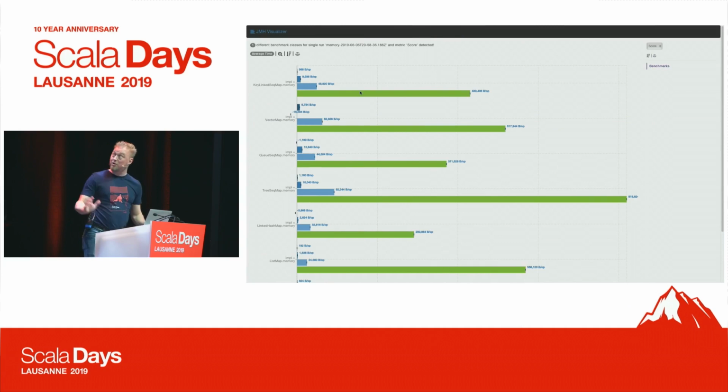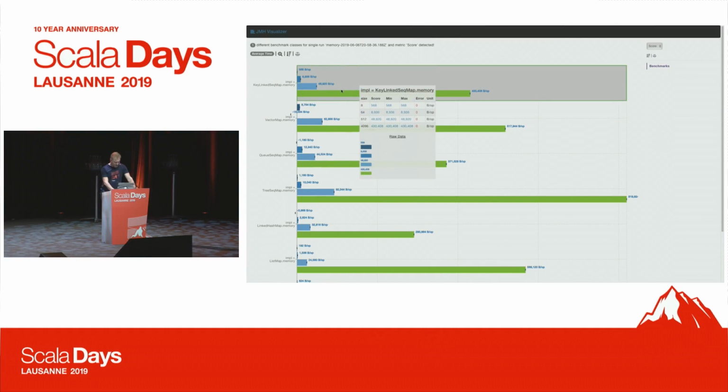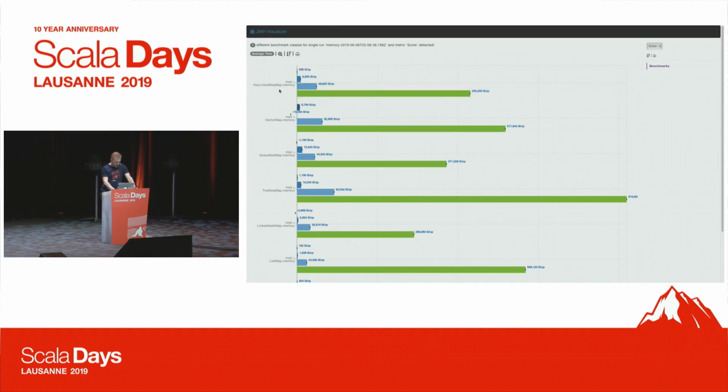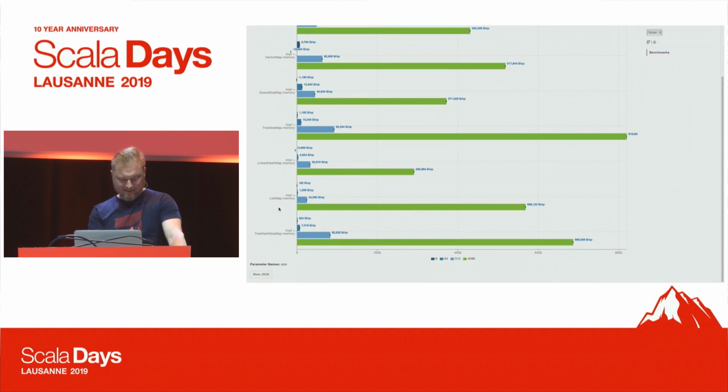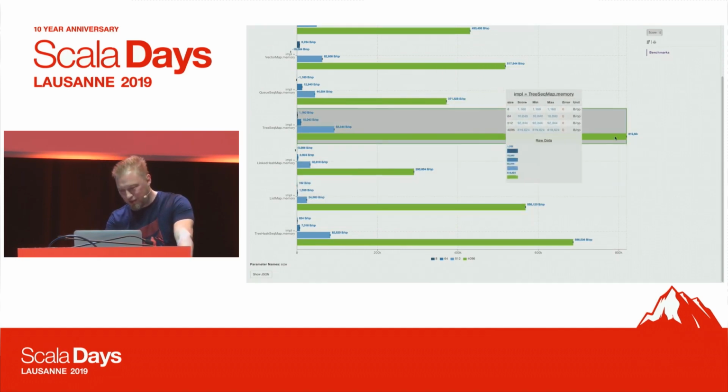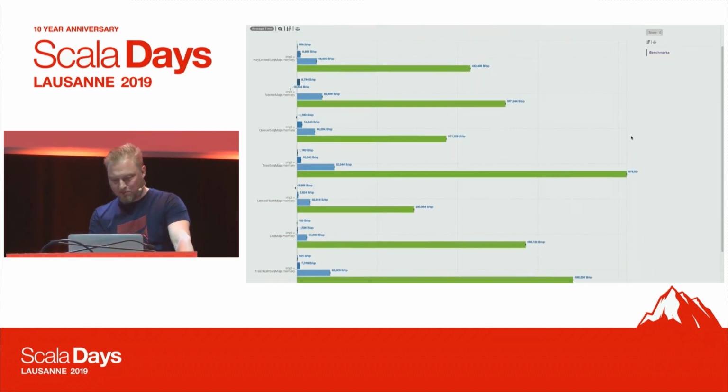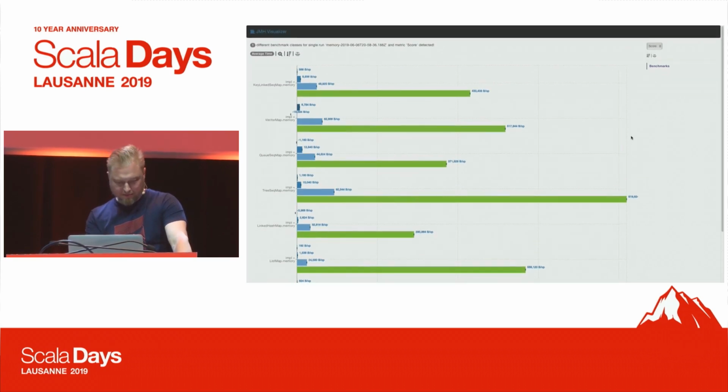So then it shows a stacked bar diagram here. And here you can see out here is the name of the benchmark. These are the implementations we have, like key-linked SeqMap, VectorMap, Queue SeqMap, and so on. And here we see that for the memory usage, in this case, the tree SeqMap is quite bad. It uses a lot more memory than the other ones, almost double the amount of some of them.